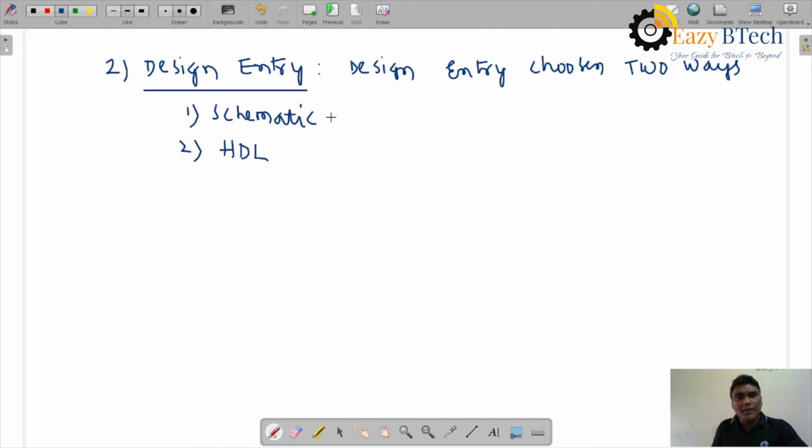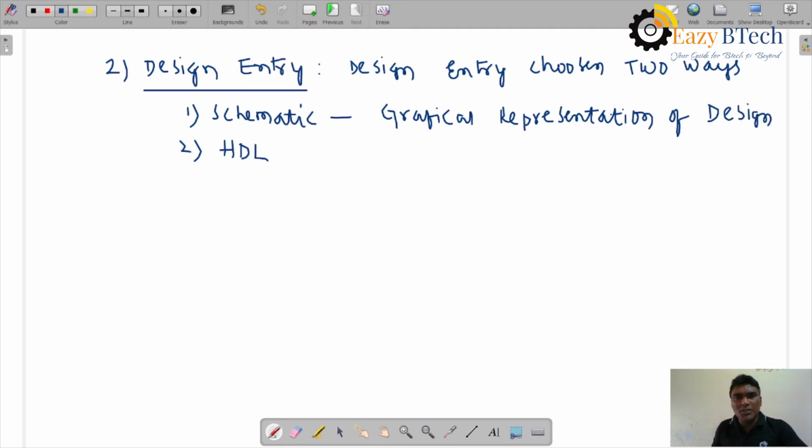Schematic entry is a graphical representation of the design.